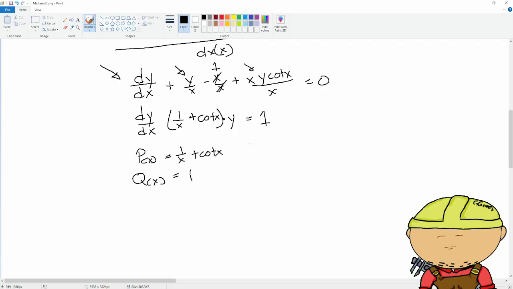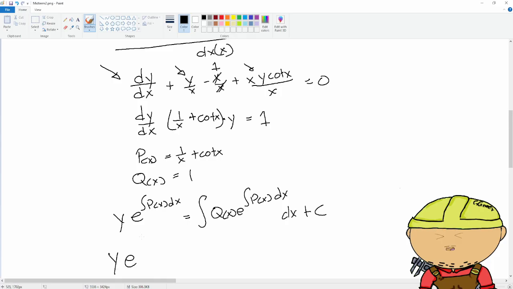Okay. Alright, so let's do another strategy, right? I'm gonna use the y times e to the integral of p dx equals integral of q times e to the integral of p dx dx plus c. So y e to the integral of 1 over x plus cotangent x dx is equal to 1 multiplied by e to the integral of 1 over x plus cotangent x.